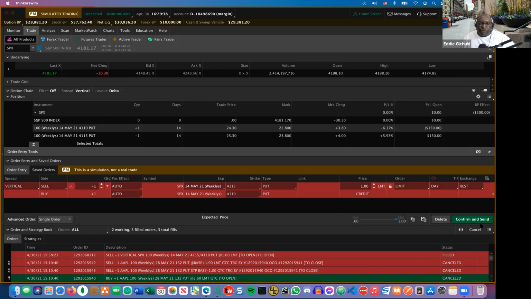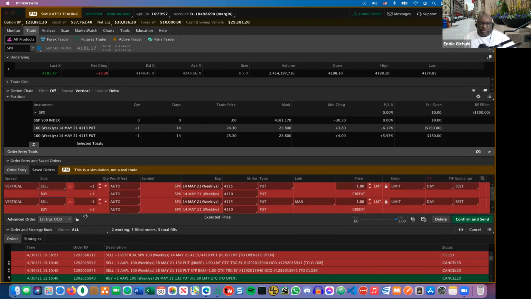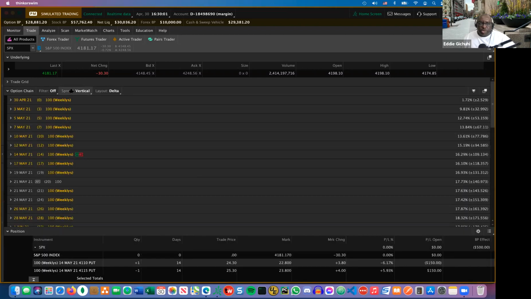But before you confirm and send, you want to change these from a single order to a fast triggers OCO, right? And then once that happens, you can create your duplicate order, and it is going to give you that order here. Oh, no, wrong way. Opposite order is what I meant.